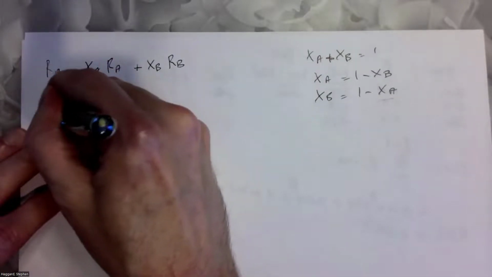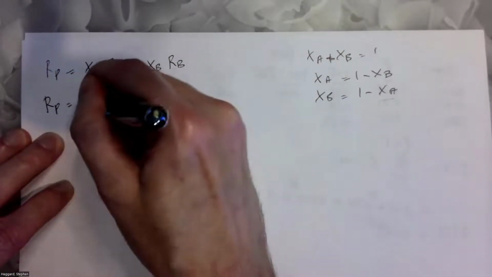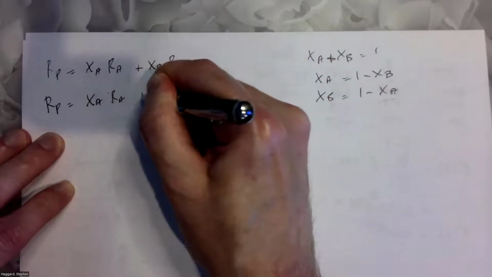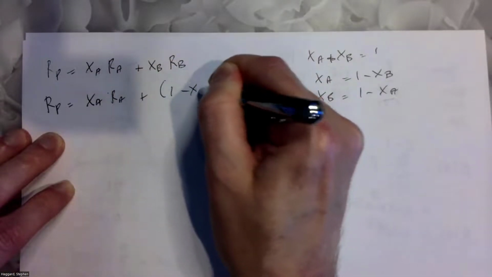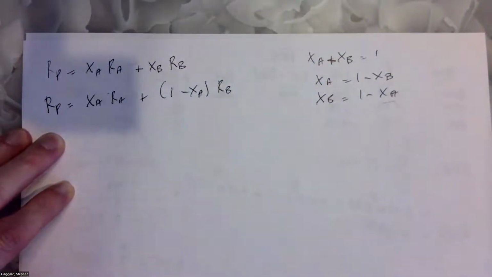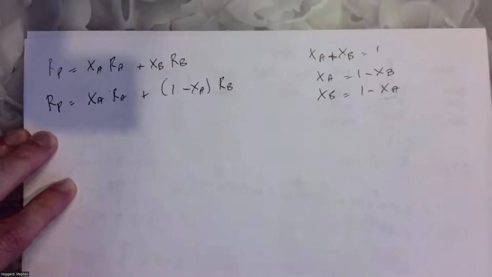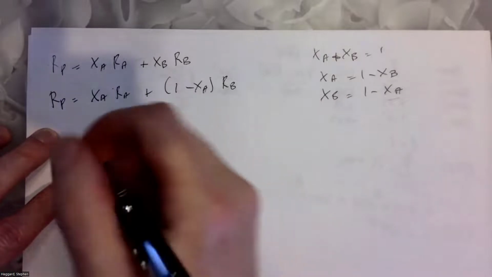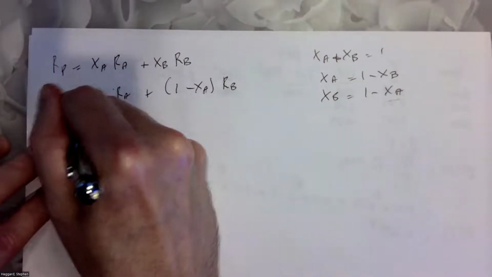And so I'm going to say now the return on the portfolio is equal to XA RA plus 1 minus XA times the return on B. And so now I can start filling in some numbers since I know some numbers. The return on the portfolio, they tell me, is 11.7%.